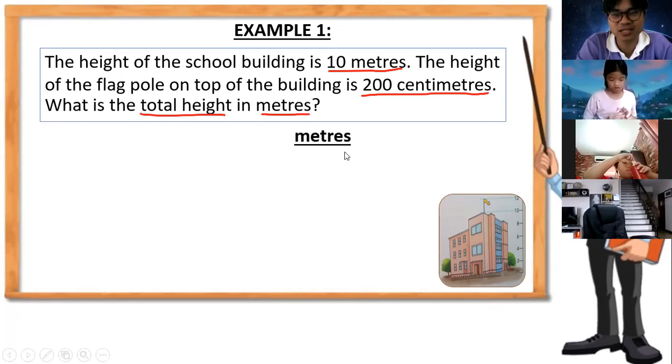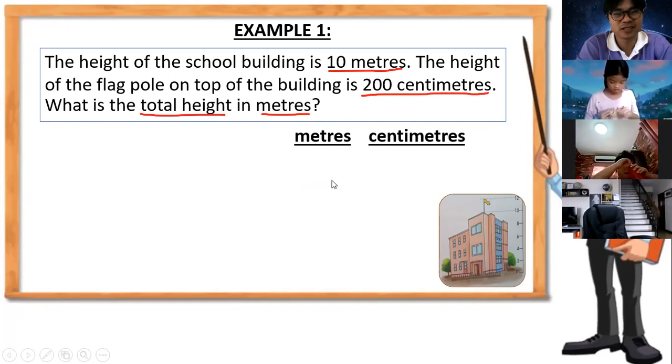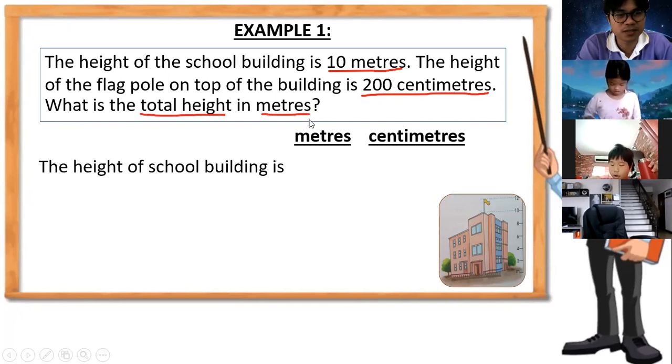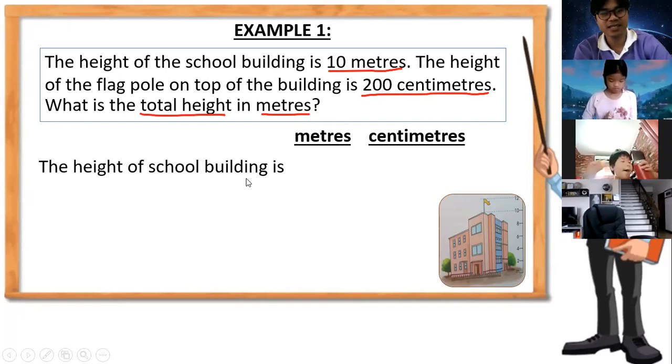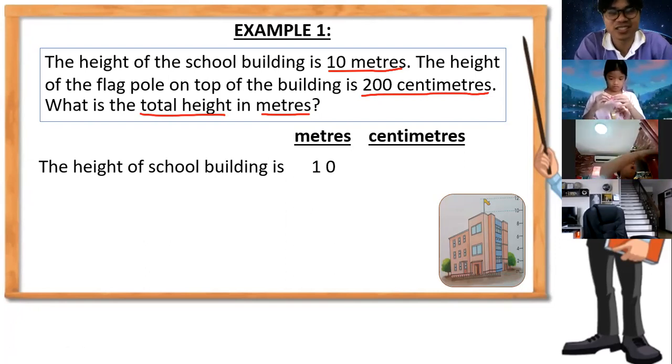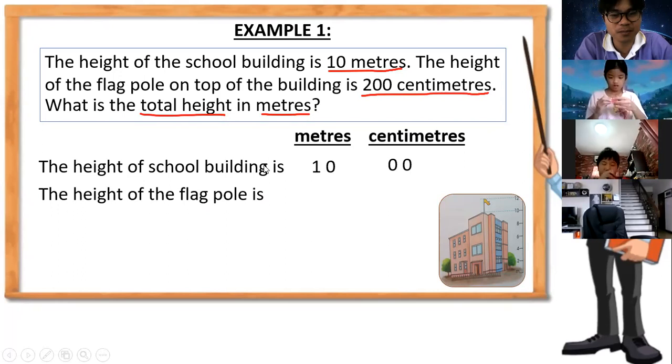The height of the school building is 10 meters, and there are no centimeters, only meters. The height of the flagpole is 200 centimeters. But the question is to find the height in meters.